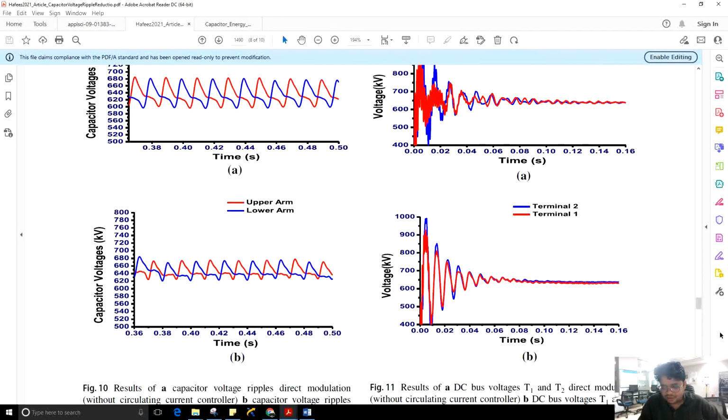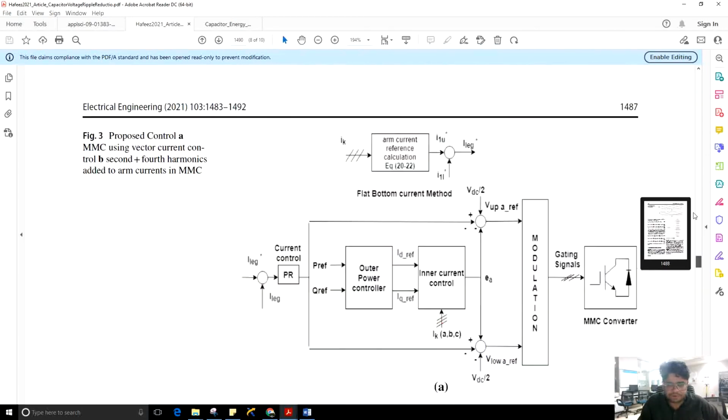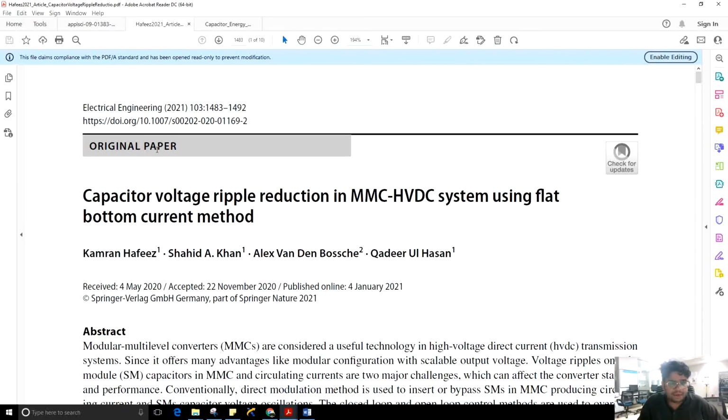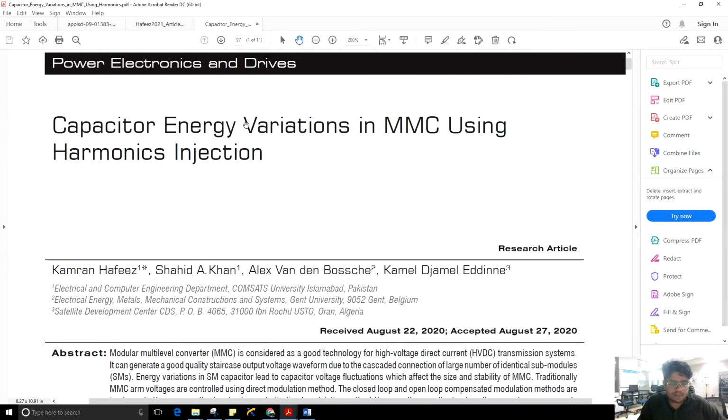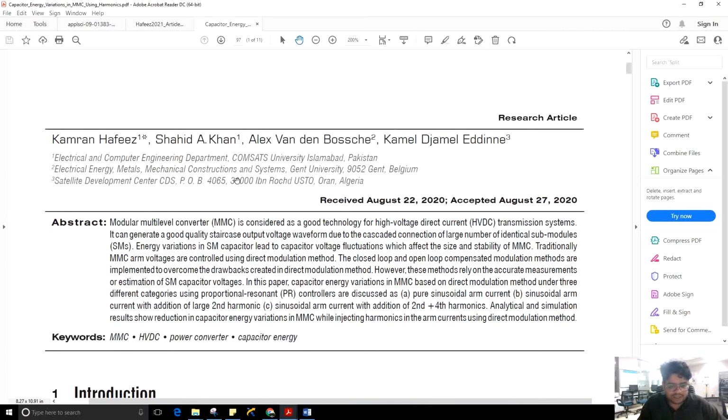So these two major results are focused on in this paper, which was published in the Electrical Engineering journal in the year 2021, and the same author has another paper, which is capacitor energy variation in MMC using harmonic injection.